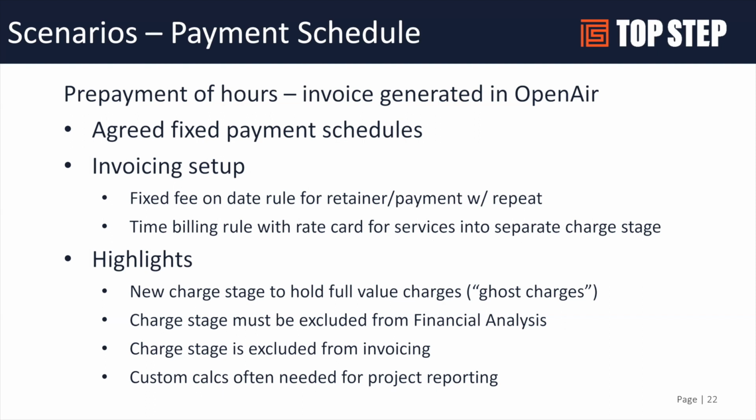And then we would have a time billing rule with the standard rate card for the services that were sold. And that would go into a separate charge stage, sort of a ghost rule for reporting only. And so then we would exclude that charge stage from any financial analysis or any invoicing. And then we would basically use custom calcs to make sure our reporting is accurate.